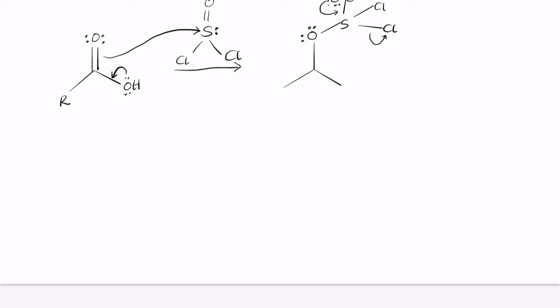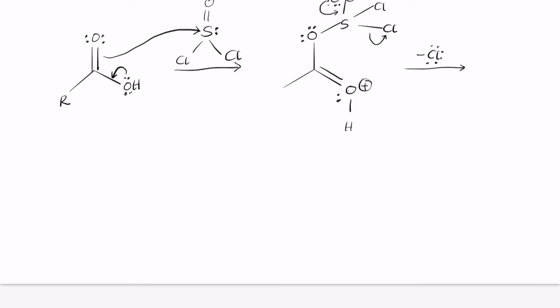So you lose Cl minus, the leaving group. Once you have done that, you have created the oxygen with a double bond, a hydrogen, one lone pair and a positive charge. Because the oxygen is losing a lone pair of electrons, it becomes positively charged.